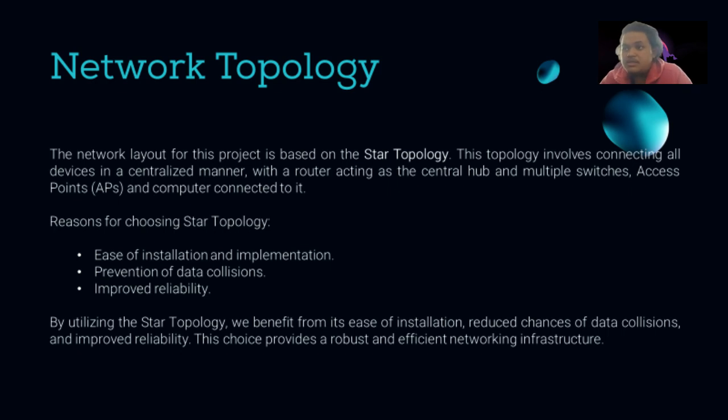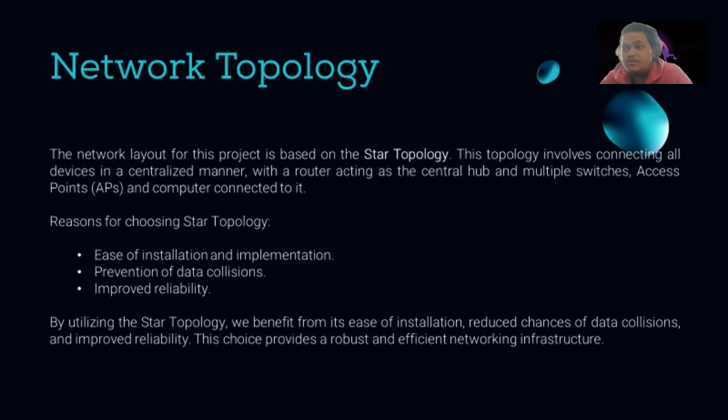By utilizing the star topology, we benefit from its ease of installation, reduced chance of data collision, and improved reliability. This choice provides a robust and efficient networking infrastructure. That's it for Task 1A.